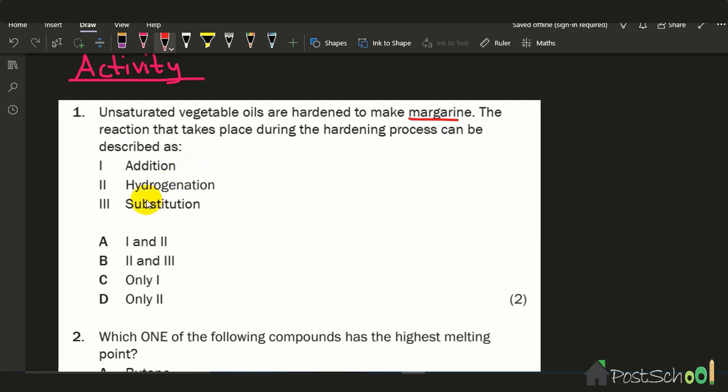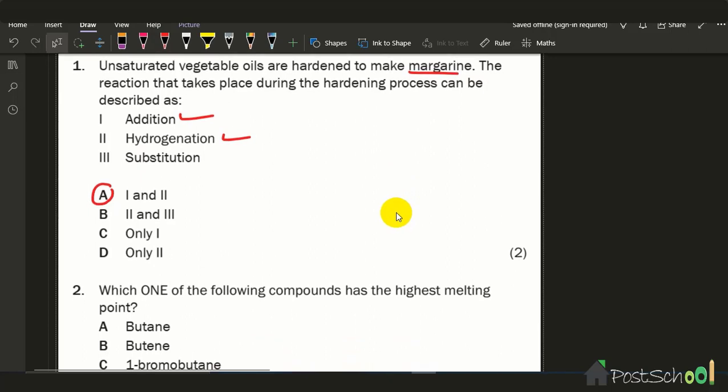The answer is A, it involves addition and hydrogenation. Hydrogenation falls under addition. So the process of hydrogenation produces margarine. It's an application question.